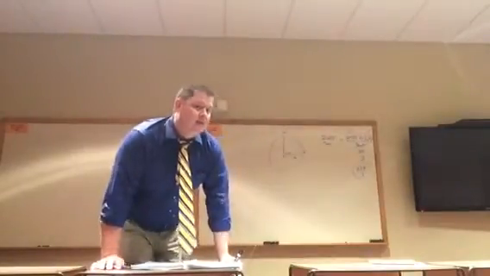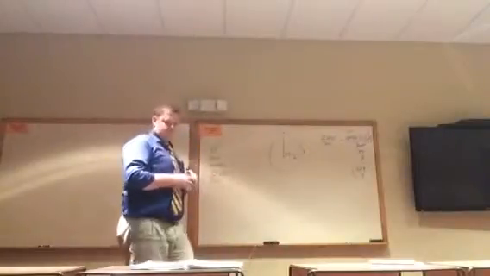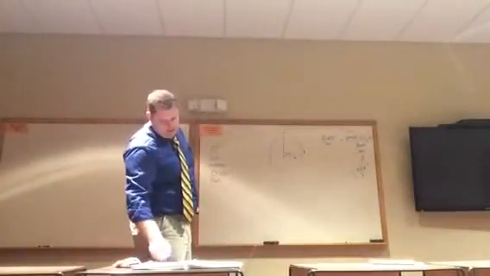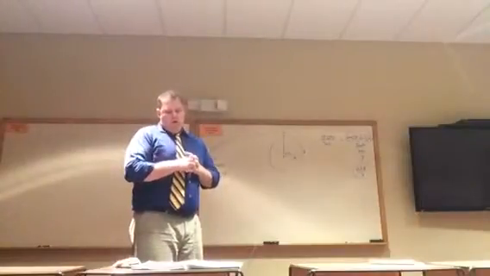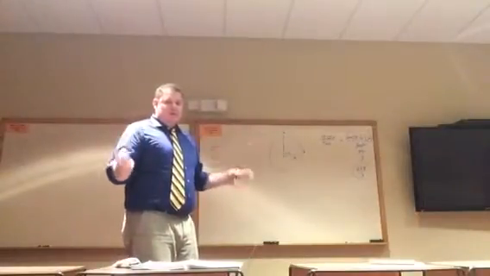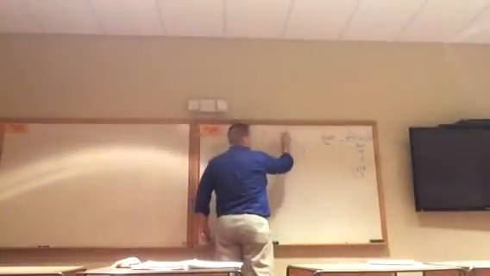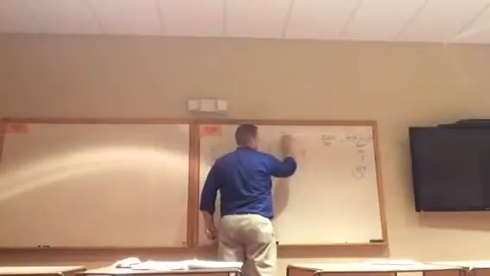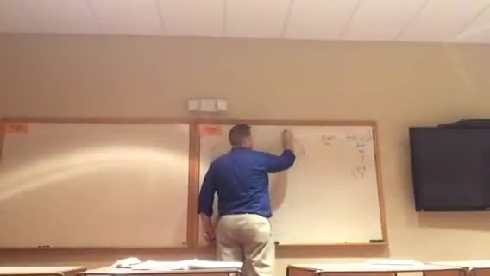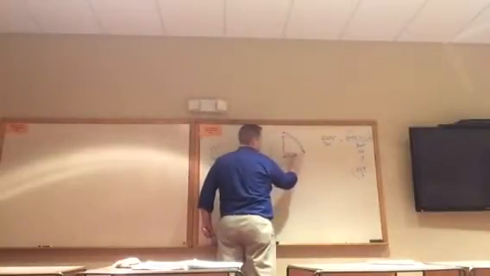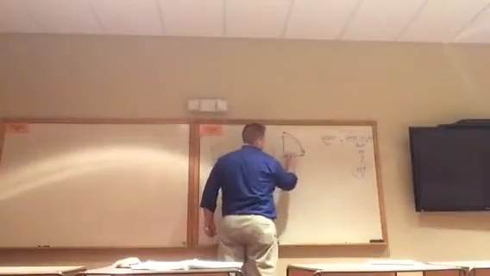Now, class, one last thing we have to do. If you're looking for the perimeter of the sector, here's what you have to do. One more step. What's the whole perimeter of this sector? Well, it's this arc length plus how many radiuses? 2.